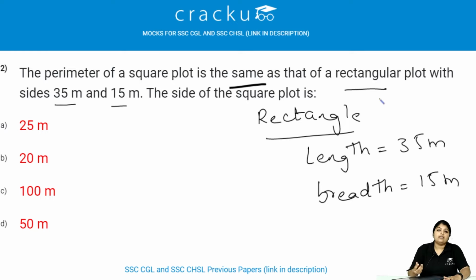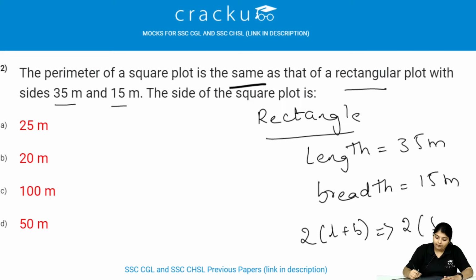The perimeter of a rectangle is 2 into (length plus breadth), so that becomes 2 into (35 plus 15), that is 50. Therefore, the perimeter of the rectangle is 100 meters. In the question, it is given that the perimeter of the square plot is the same as that of the rectangular plot. So the perimeter of the square will be the same as the rectangle.